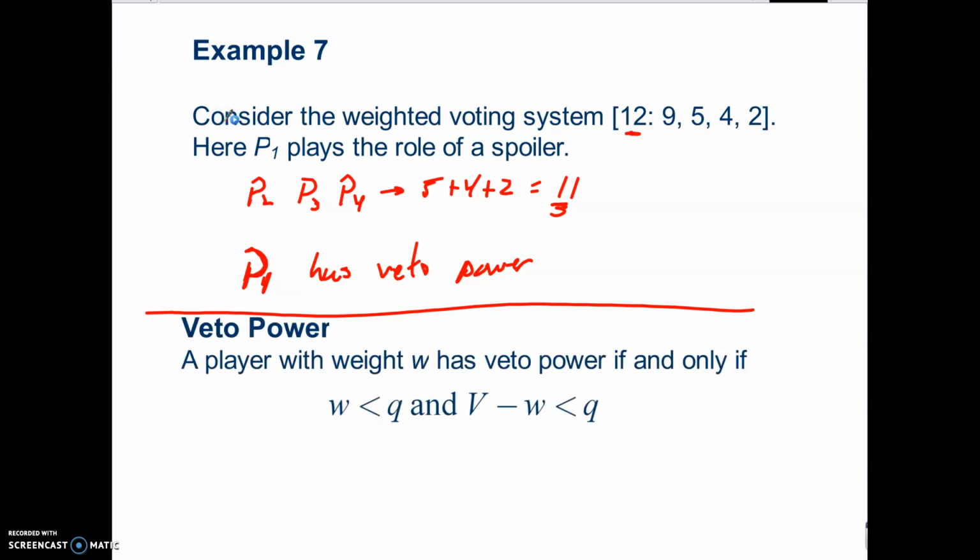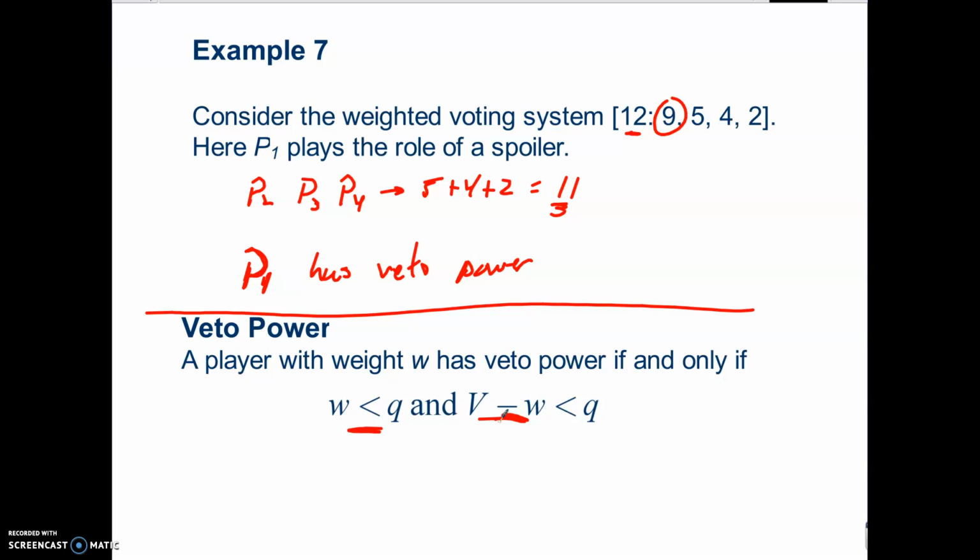So veto power happens when a player has a weight that's less than the quota, like here, player 1's 9 votes is less than 12, and the total number of votes minus his weight is less than the quota. So the total number of votes here is 20, minus that 9 is 11, which is less than 12.